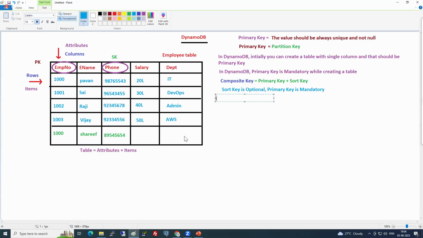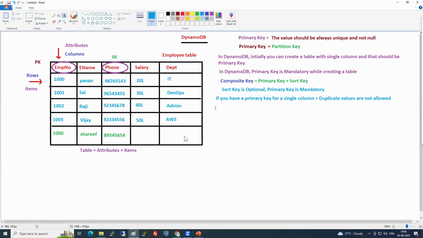So I'll write it here. If you have a primary key for a single column, is it possible to have duplicate values? Duplicate values are not allowed. If you have a primary key for a single column, not allowed.